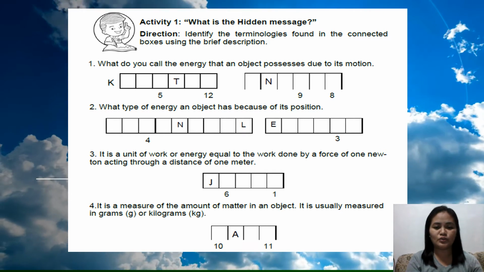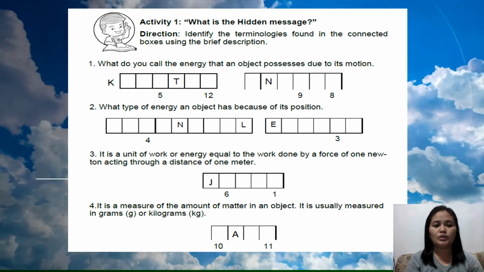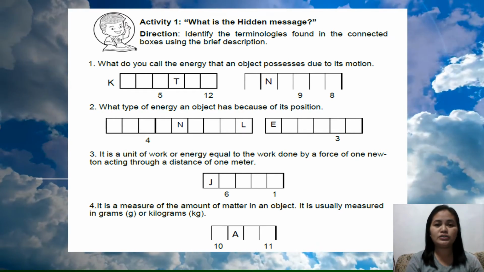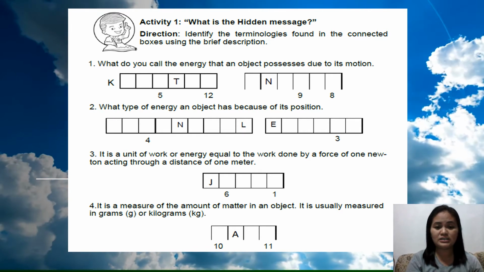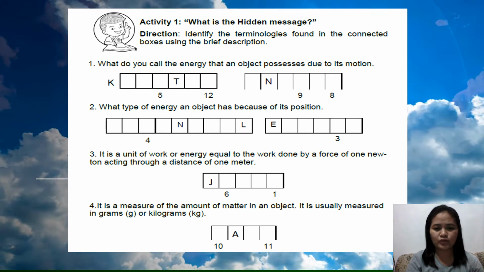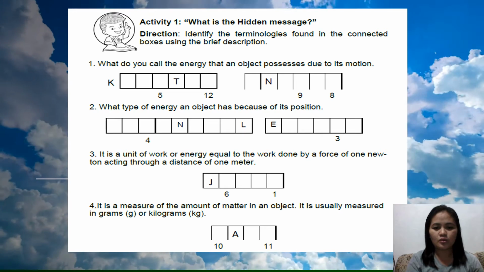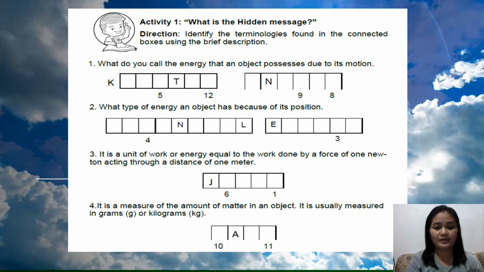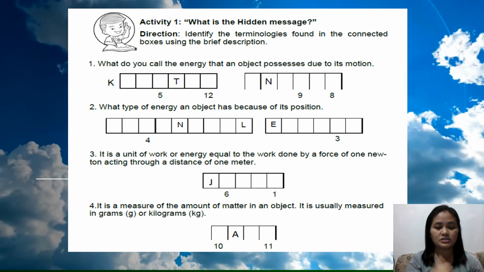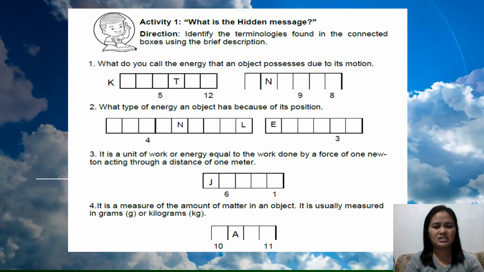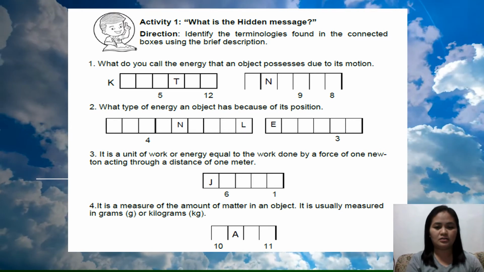Baka merong doon, may clue. So, anong unit of work or unit ng energy ang nagsisimula sa letter J and is with how many letters? 1, 2, 3, 4, 5. Spell ko nga. Singular siya, singular. Kasi nga, a unit.